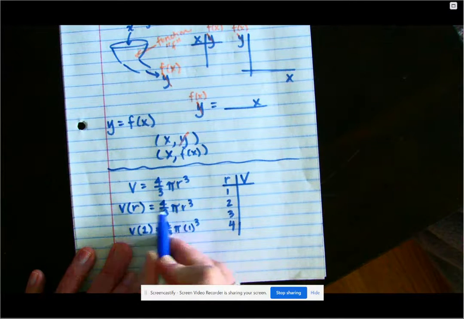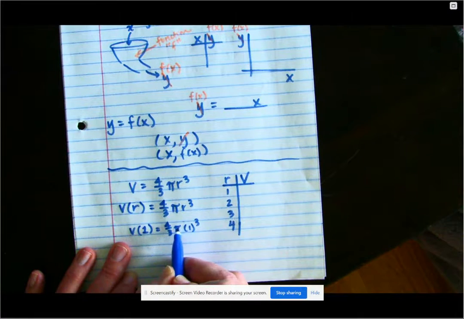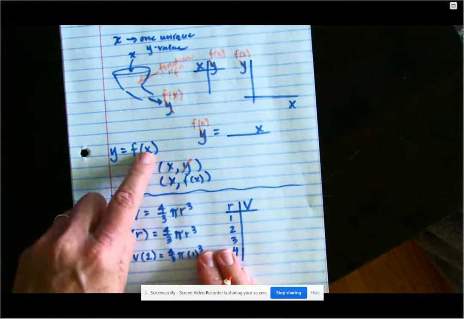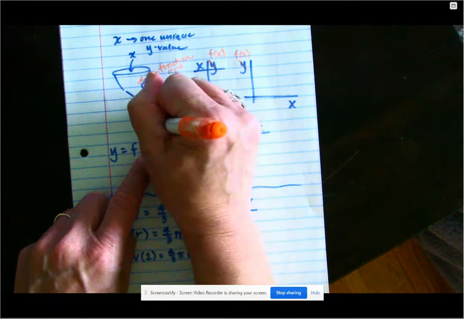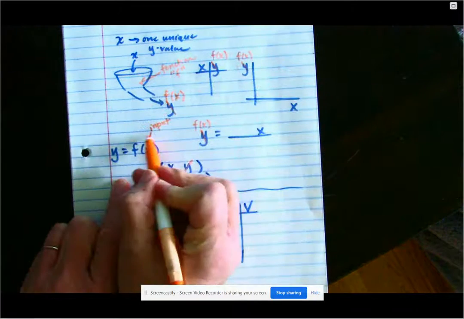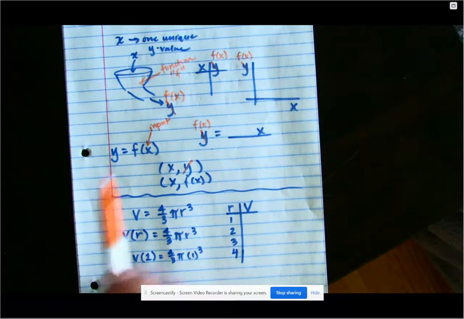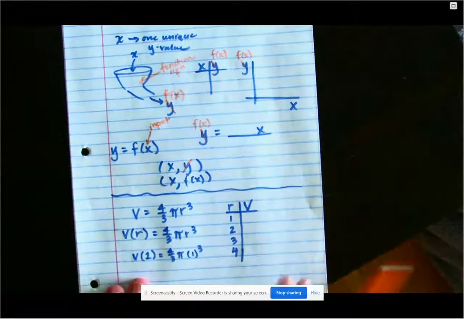You realize what input was plugged in and what output it gave you. So the number inside the parentheses is the input, and the entire f of x is the output. So x is the input, and f of x is the output.